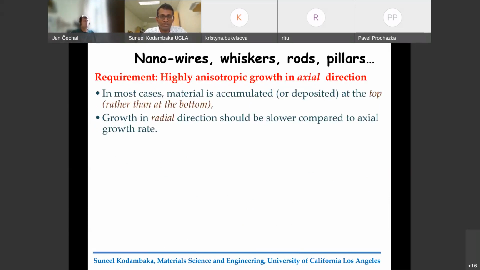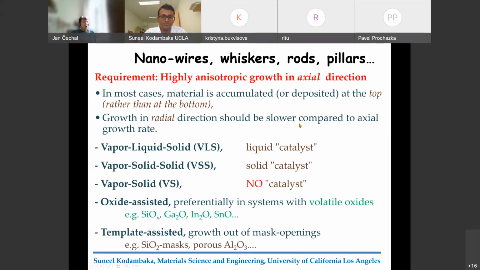And so one has to identify the processes that give rise to the growth or accumulation of the material, preferentially at the top or at the bottom ends of this material rather than in the radial direction.